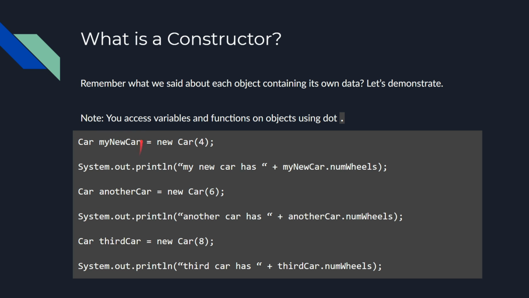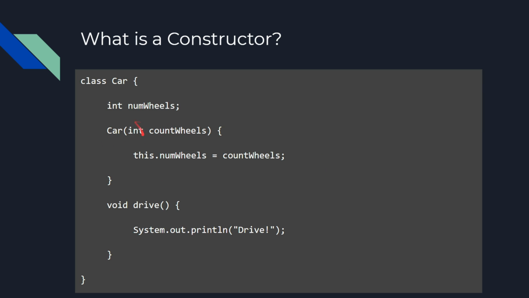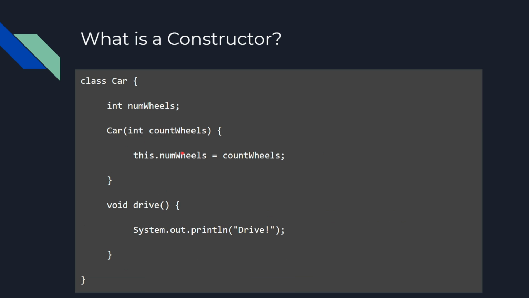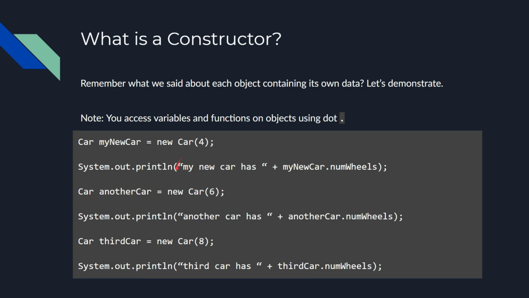This one's num wheels is going to be 4, and they're going to be different, because this is referring to a different object. Does that answer your question? Oh, okay. That was the first scary one.